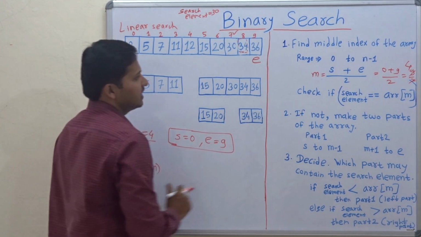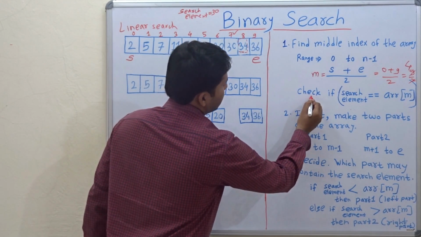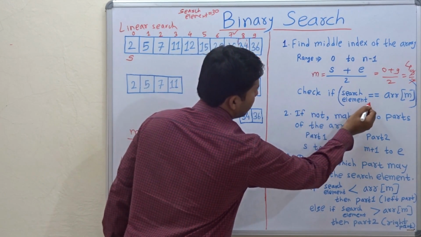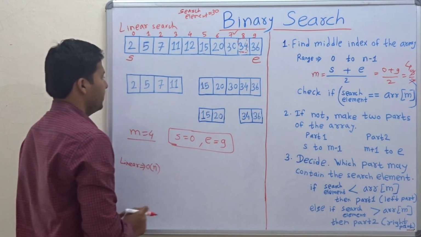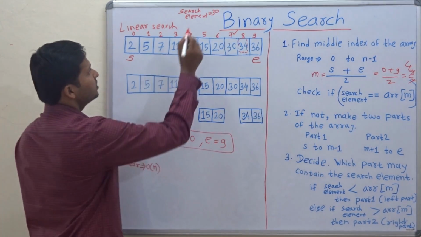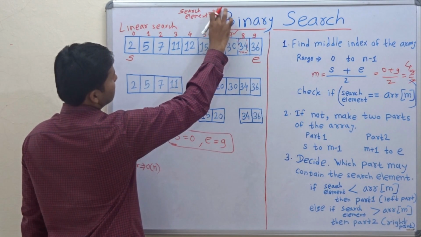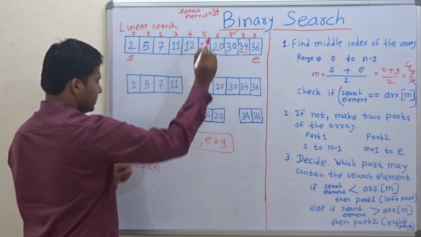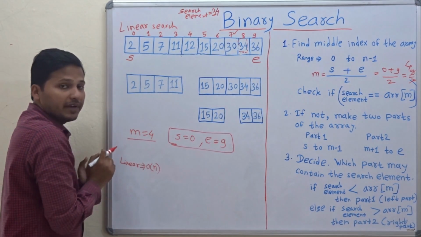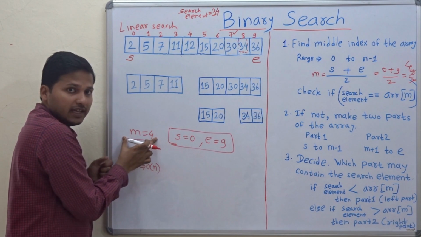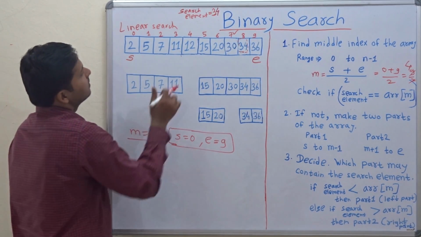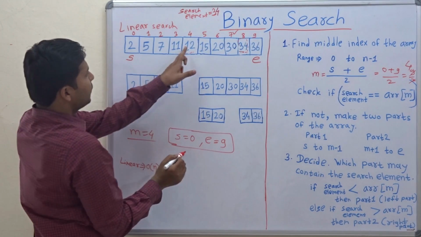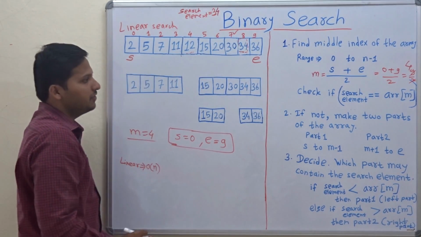So now let's check the next step. It is: check if the search element is equal to array of m. That means you have to see whether the search element 34 is equal to the middle index element or not. The middle index is 4, so the element is 12. 12 is not equal to 34.